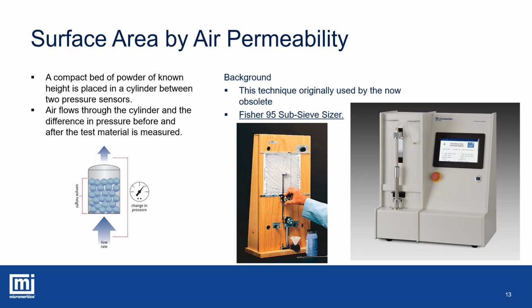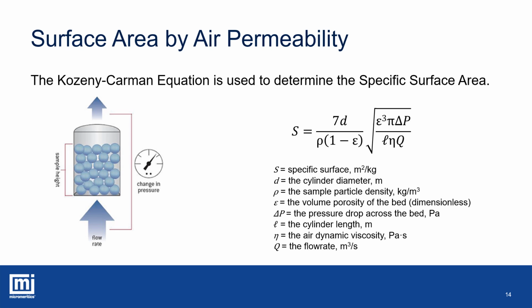So to calculate surface area from air permeability, we use the Kozeny-Carman equation, and we look at the cylinder diameter that's containing the sample, the sample density, which is why we need to know it very well. The device can calculate the porosity of the powder bed, which is not the particles but the powder bed itself, so the space in between the particles.